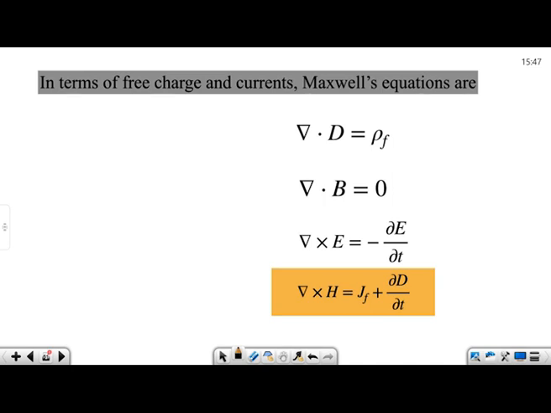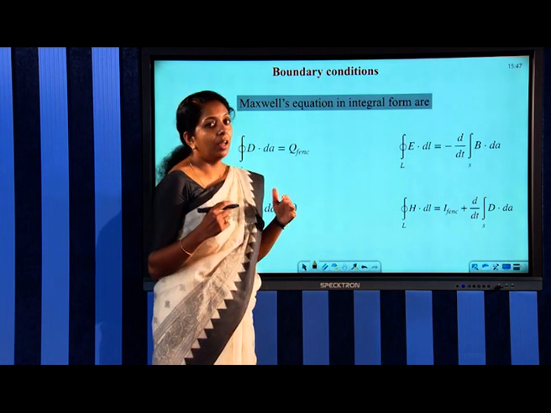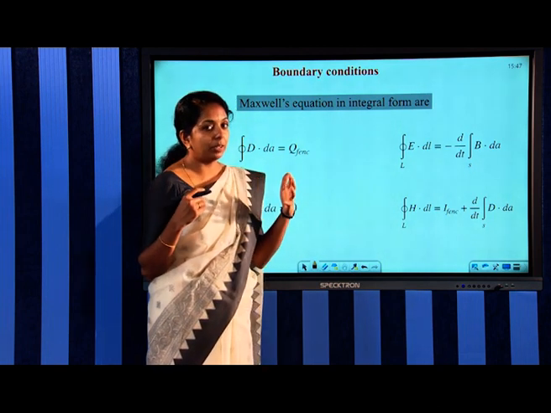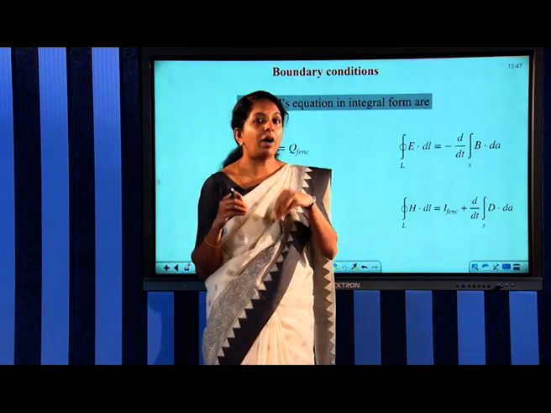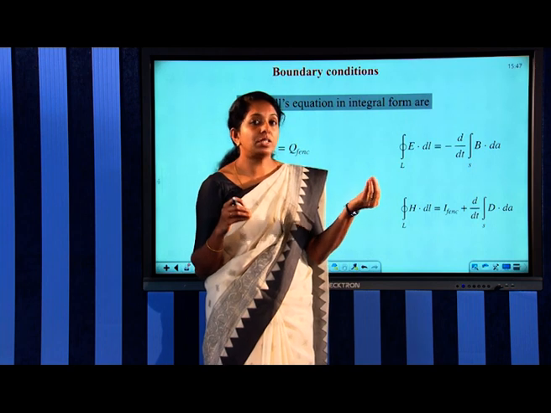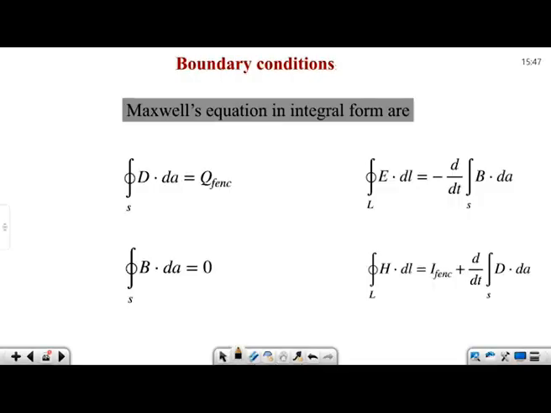Now, we are going to see what happens to these Maxwell's equations when we cross a boundary. That means, we have two media, and when we move from one medium to another, what happens to these quantities, E, B, D and H, whether they are continuous or discontinuous.